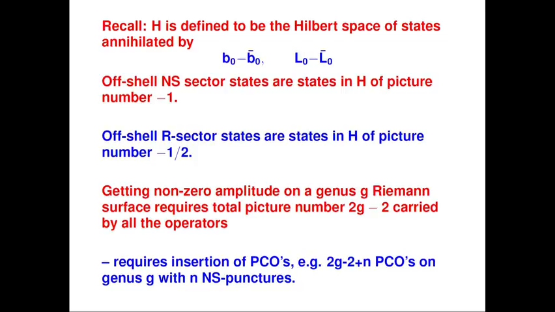So, we have to somehow go from total picture number -n carried by the operators to total picture number 2G minus 2, and the way it is done is to insert 2G minus 2 plus n factors of picture changing operators at different points on the Riemann surface. So, this is the procedure to get a non-zero correlation function in superstring theory. Are there any questions?